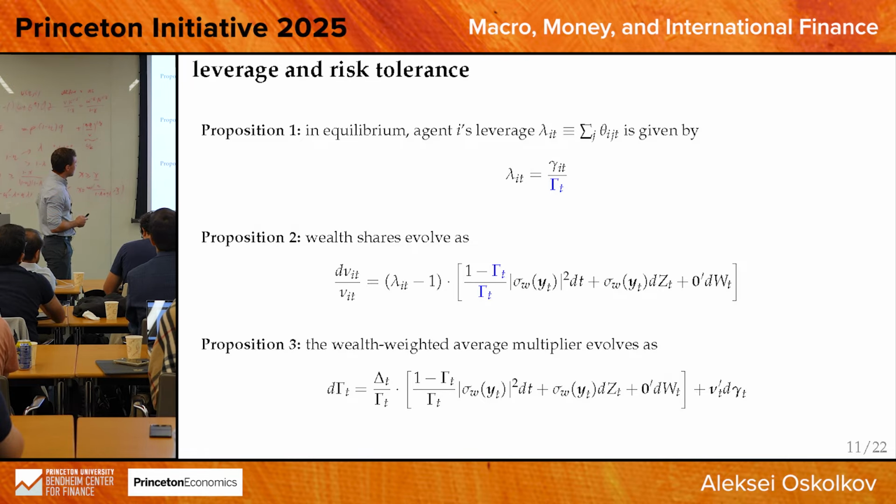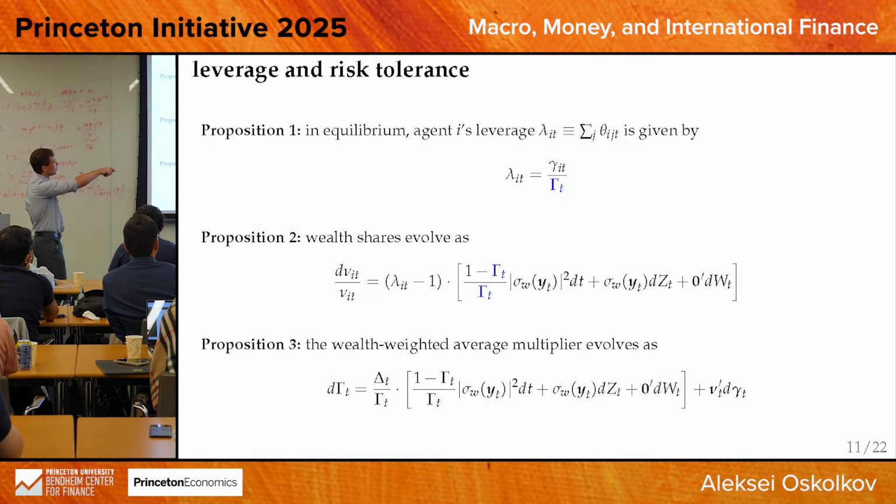The second proposition tells you how the wealth shares here evolve. There are a couple of things here. One thing is, obviously, how your wealth share evolves depends on your leverage, on how much exposure to risk you take here. And this object features your own gamma, which is exogenous, and this one endogenous summary of the wealth distribution, large Γ.